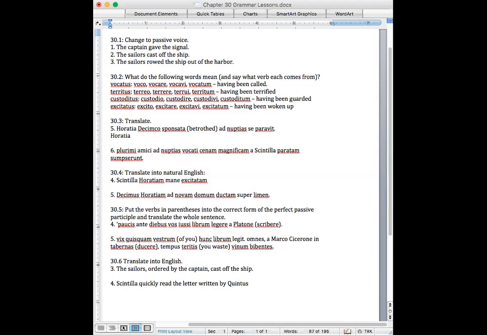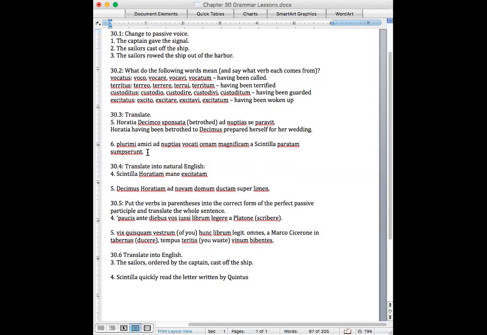So Horatia, having been betrothed to Decimus, se parabat ad nuptias, prepared herself for her wedding, for her nuptials, however you want to render that. It's a reflexive verb.